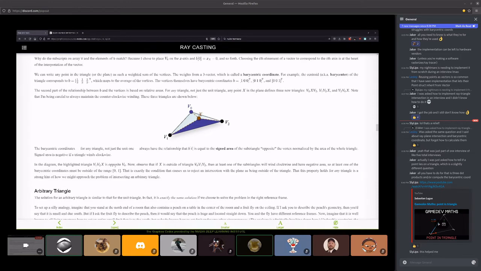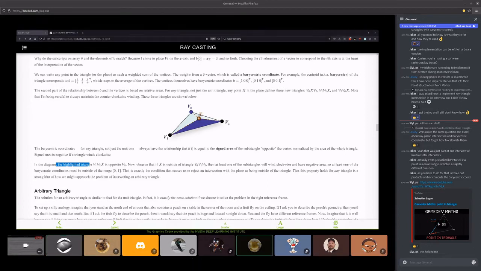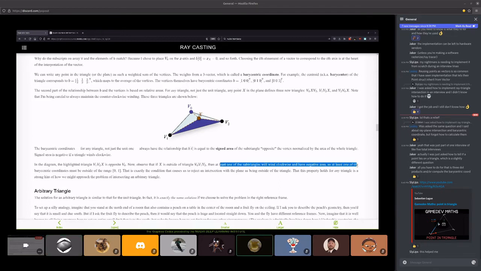The highlighted region V1, V2, X is opposite of V0. Oh, well, here it explains that.